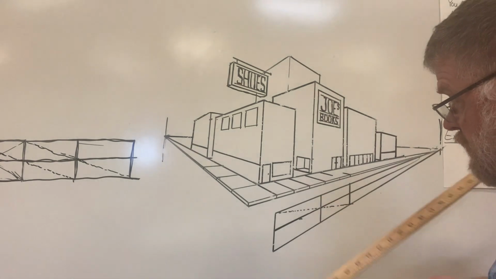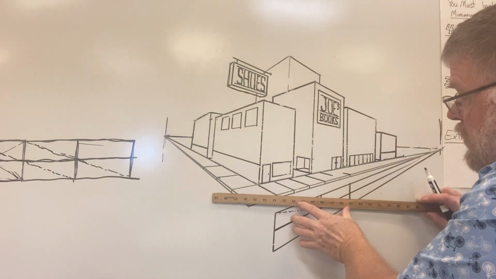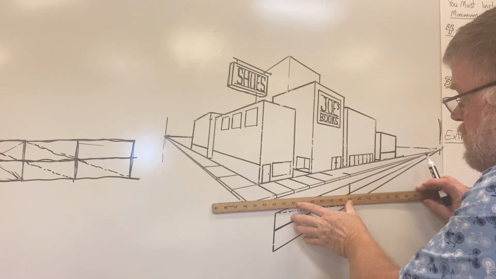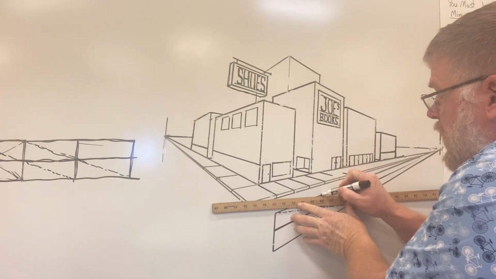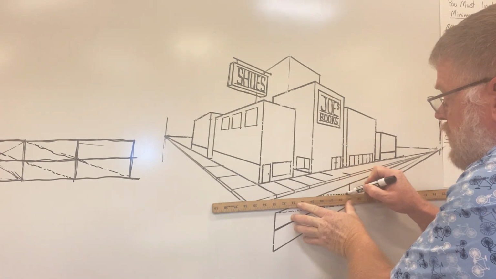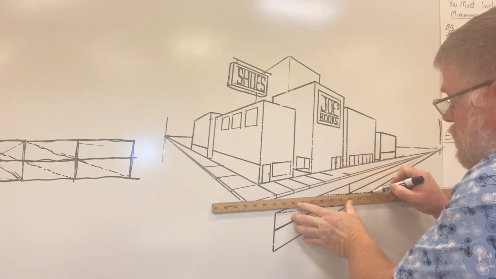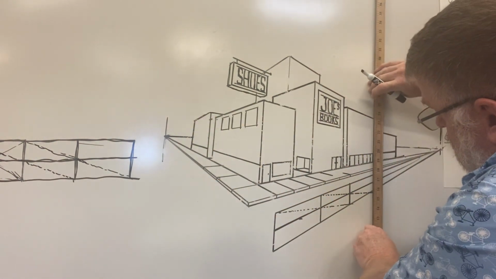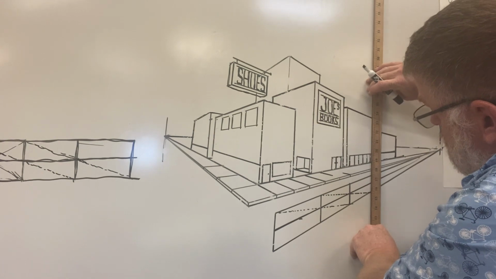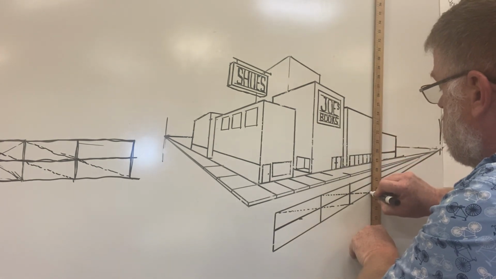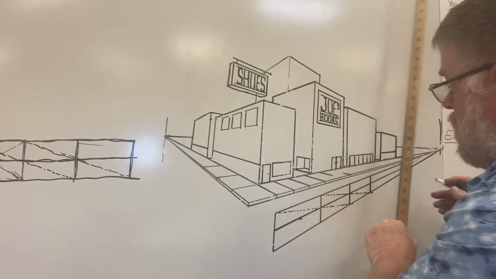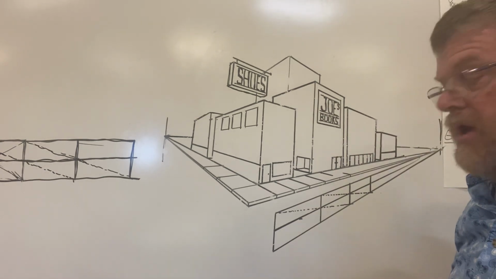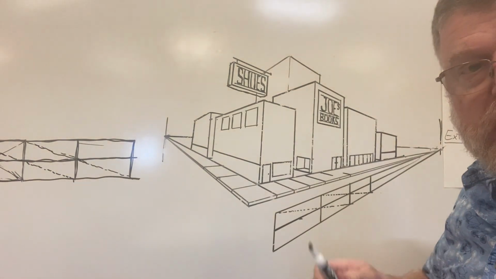Now I go from the top of the second post through the middle of the third post to the bottom line. Again, I'll put the dotted line so that you can see, but all I would really have to do is put the little mark down here. And just like it's supposed to do, the space between the posts is getting smaller and smaller.